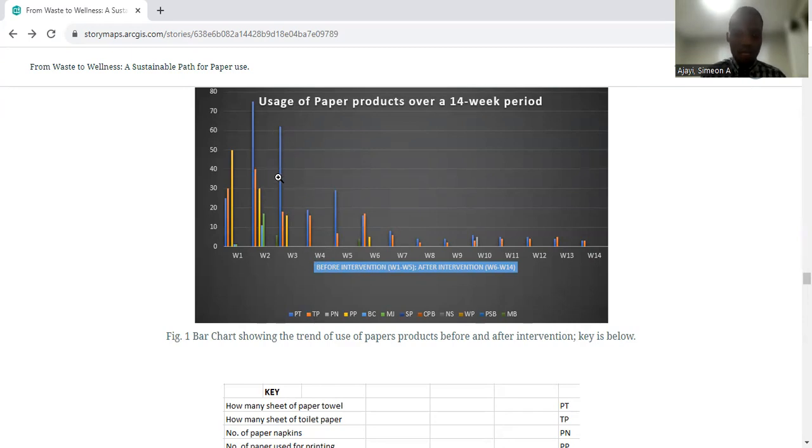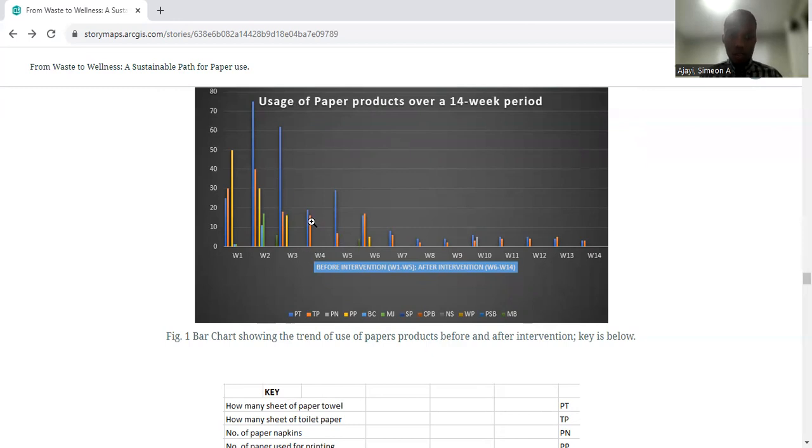The same pattern for week 3. I noticed by week 3, I was already getting used to the alternatives a little, although I had not started the alternatives. I was becoming aware of my use of paper. This suggests the trend is coming down.